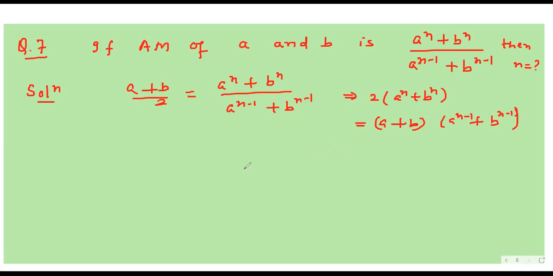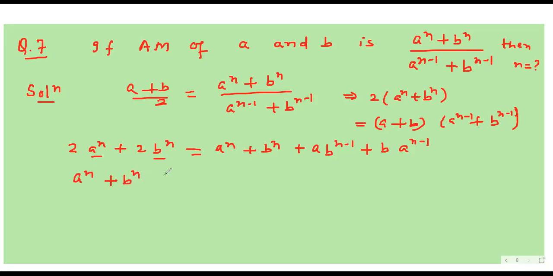Now we open the bracket, so we get 2a^n + 2b^n = a^n + b^n + ab^(n-1) + ba^(n-1). So one a^n and one b^n will cancel out. So a^n + b^n = ab^(n-1) + ba^(n-1). Now we take these two terms to LHS.